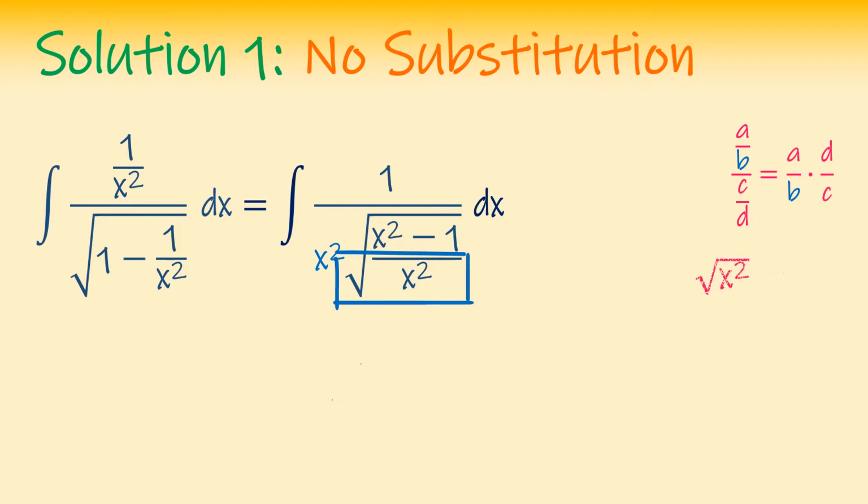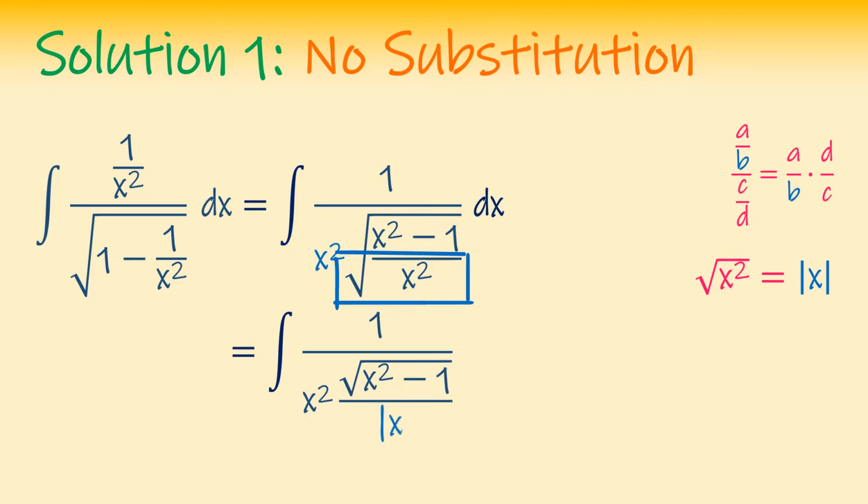The square root of x squared leads to the absolute value of x. Meanwhile, the x squared is the same as the square of the absolute value of x. Divide out a common factor.